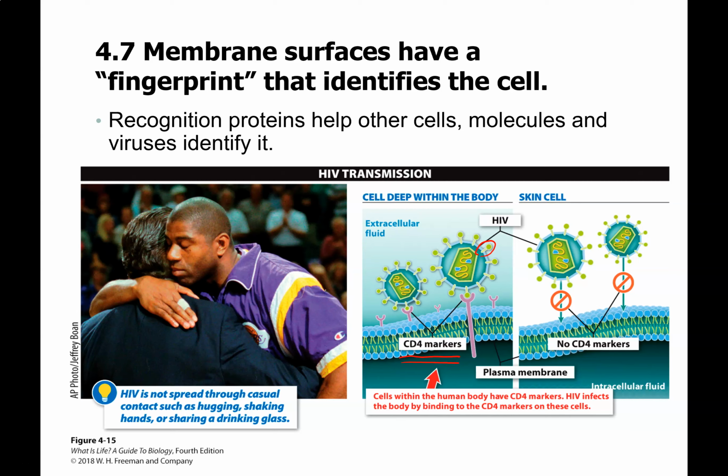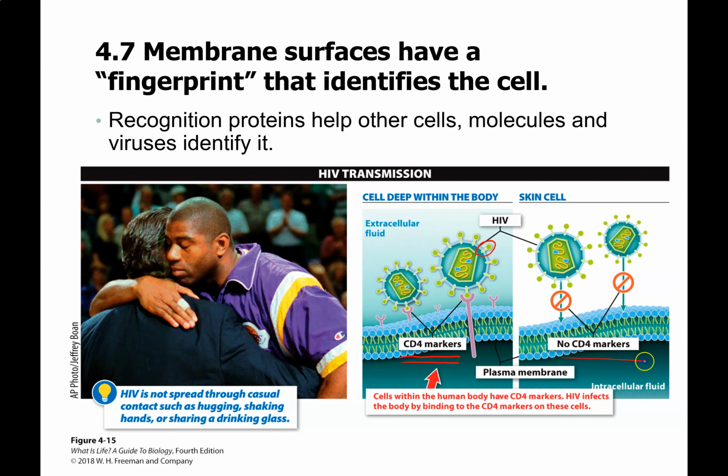And the HIV virus recognizes these CD4 markers. These markers are on specific immune cells within our body. When they recognize and bind to those markers, they can be pulled into the cell, and the virus essentially takes over the cell's machinery, starts producing more viruses.